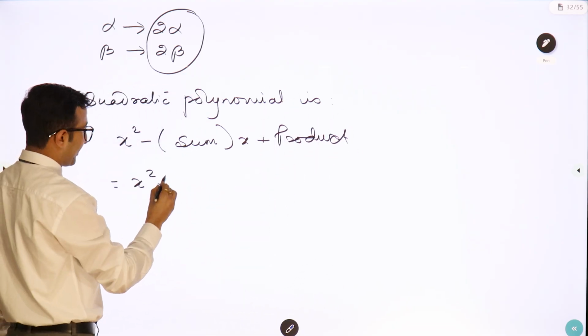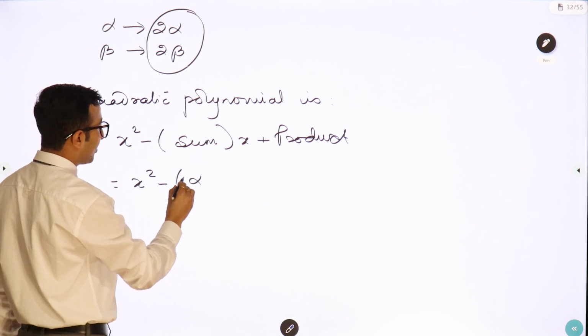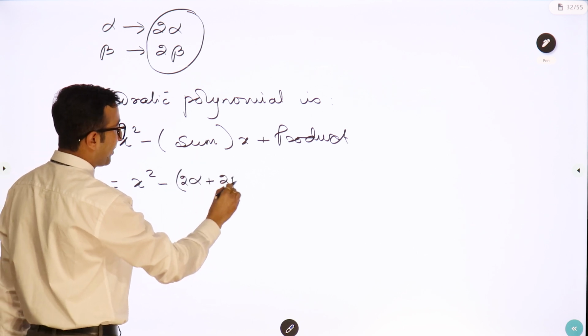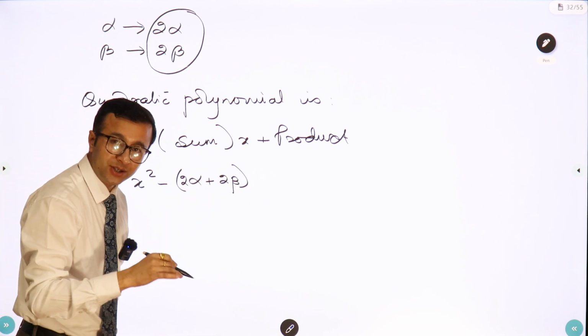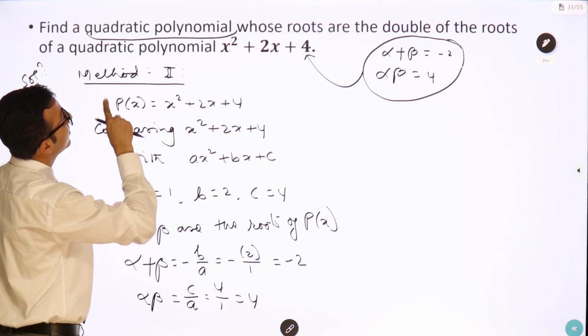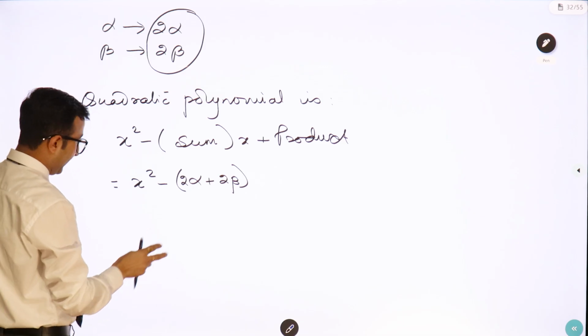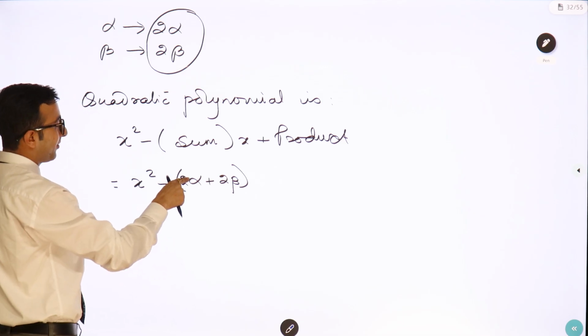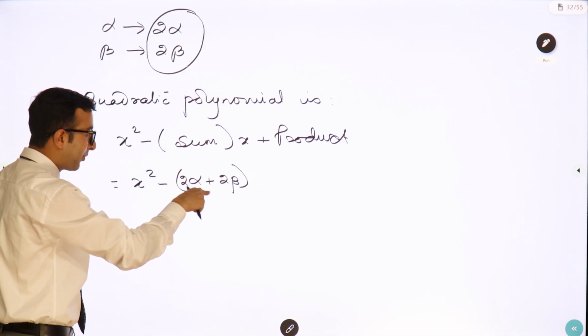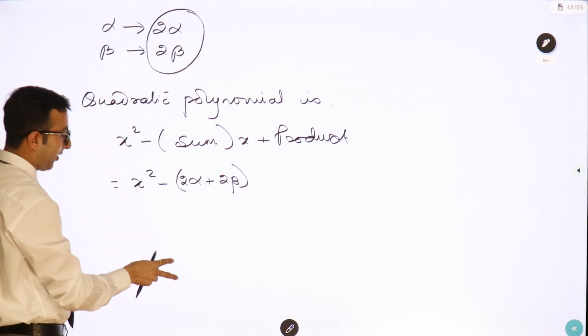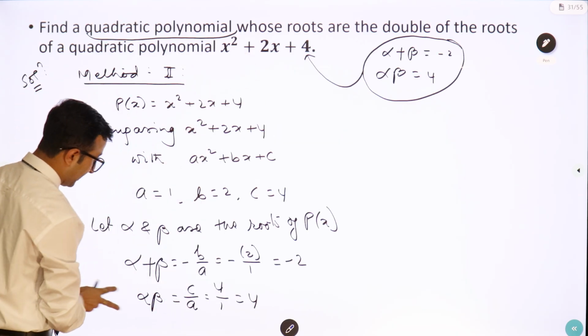x square minus, in place of the sum we can write 2 alpha plus 2 beta, because for us, in place of the roots of that quadratic polynomial, we need to write double the roots of this polynomial.